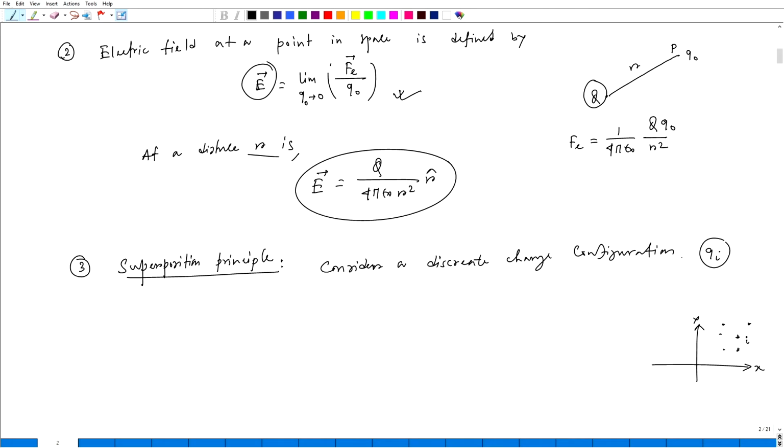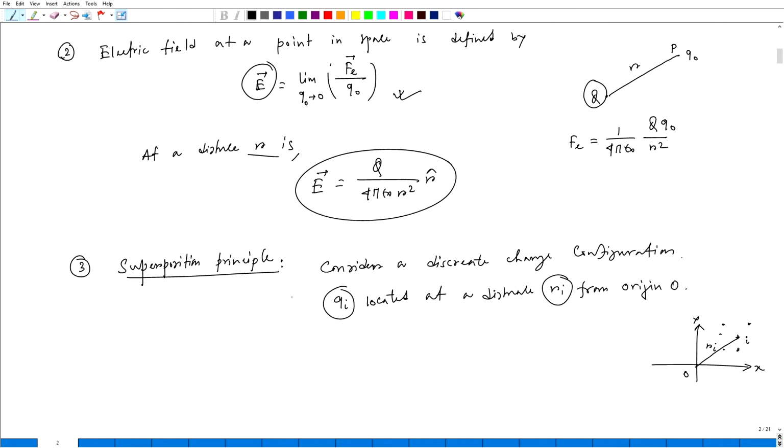By notation we denote it by i, with charge Qi, located at a distance, let us say Ri, from the origin O. So the distance is Ri.